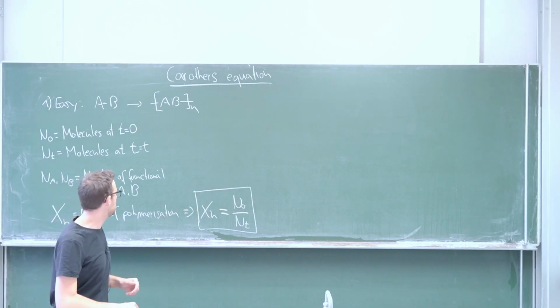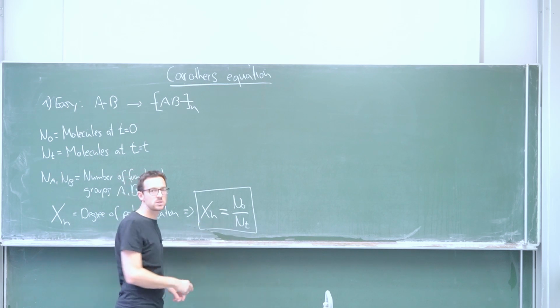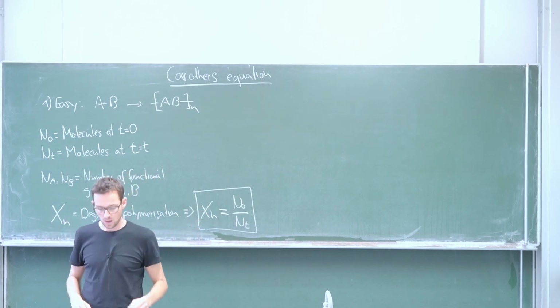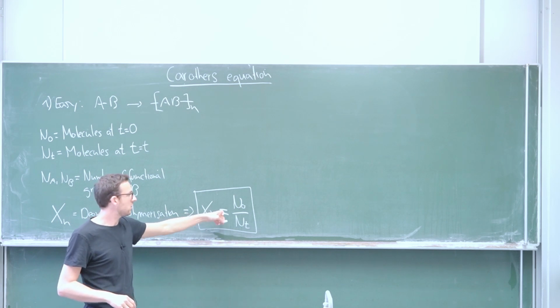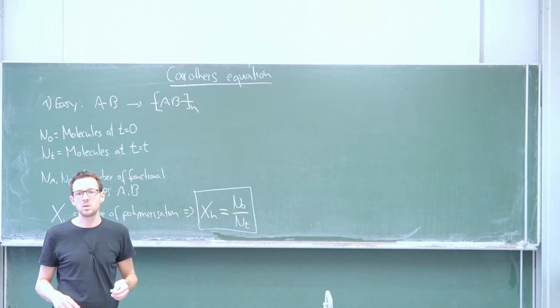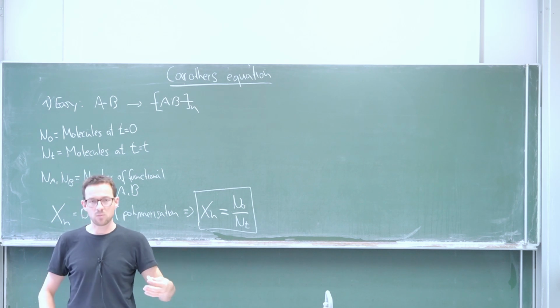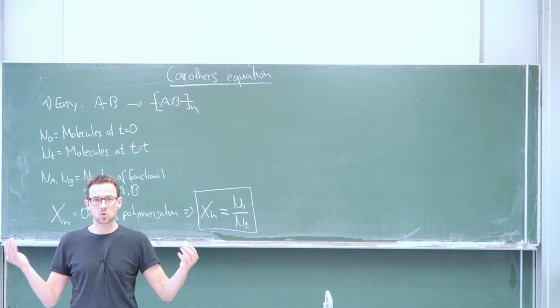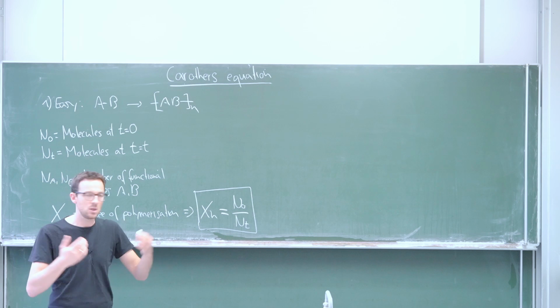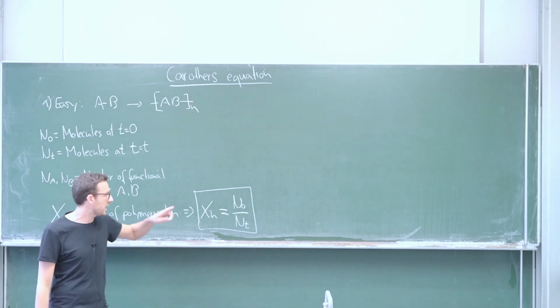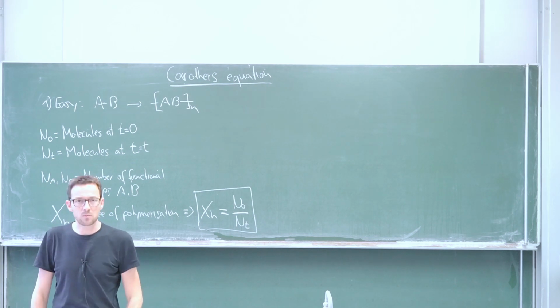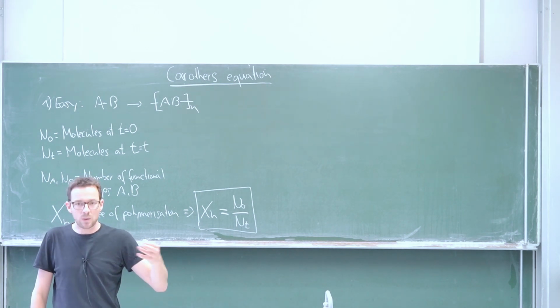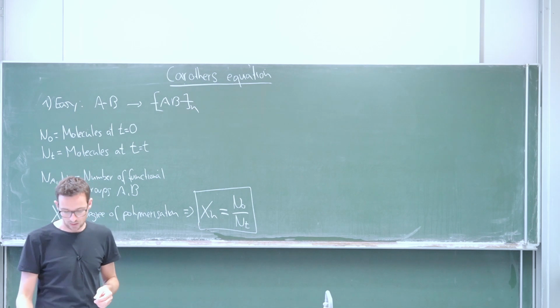And if this is the case, then Nt equals 1. And if Nt equals 1, then Xn, so the degree of polymerization, will equal N0. That means the polymer is exactly as long as the total number of monomers that we put in. So this makes total sense. And anything in between, of course, will be somewhere between these two extrema. So as you see, it's a very simple way to express what we would expect as an average molecular weight.